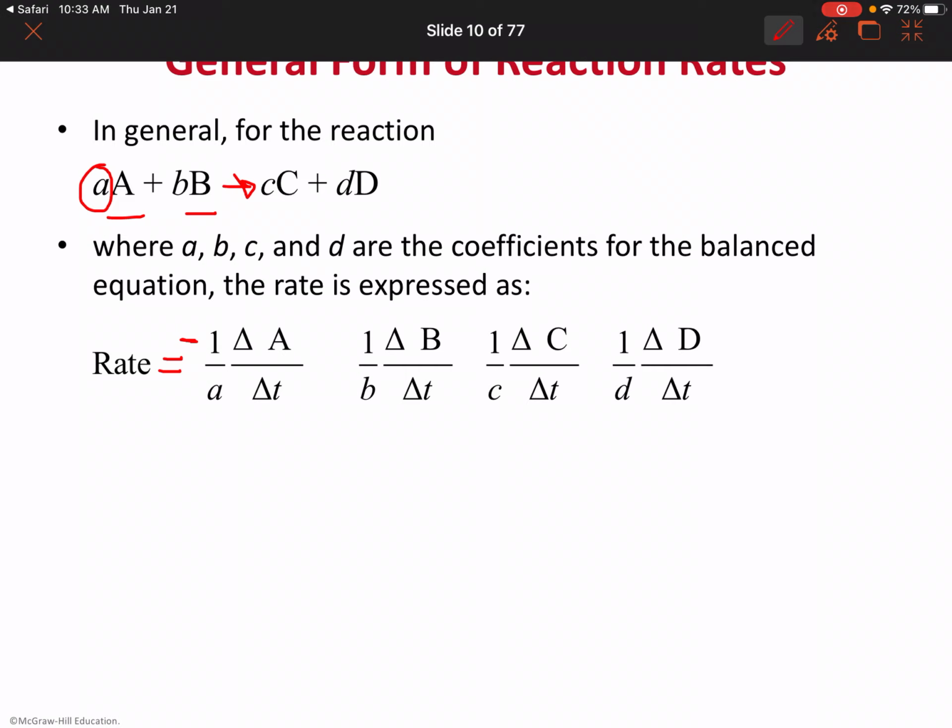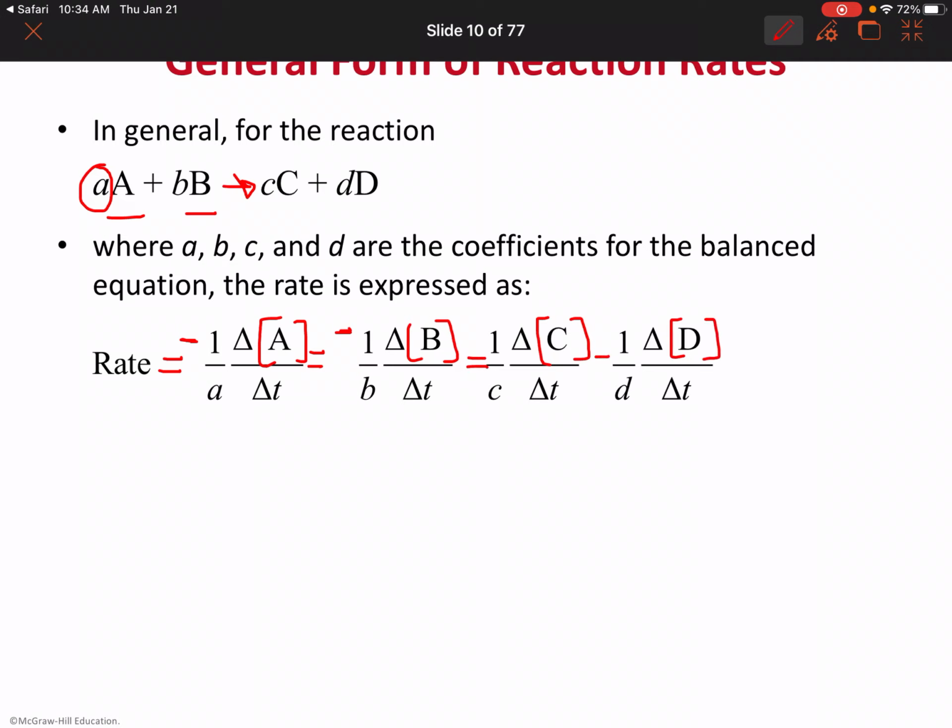From my laptop, when I transfer it to the iPad, some of the signs disappear. So I need to write them again. So the negative has to be there. And again, B is also a reactant, so it has to be negative: negative 1 over b, delta B over delta T. Normally we put concentrations in parentheses.